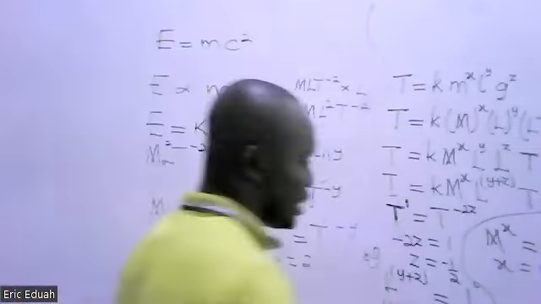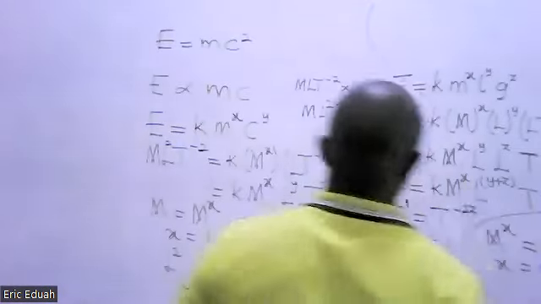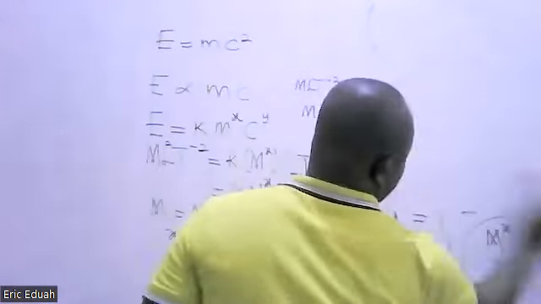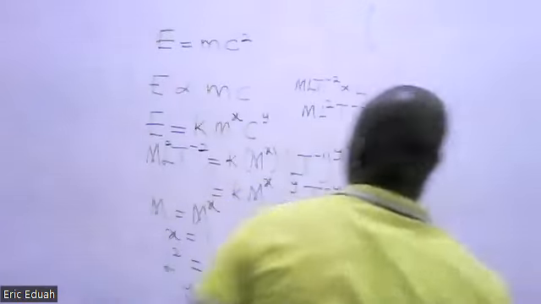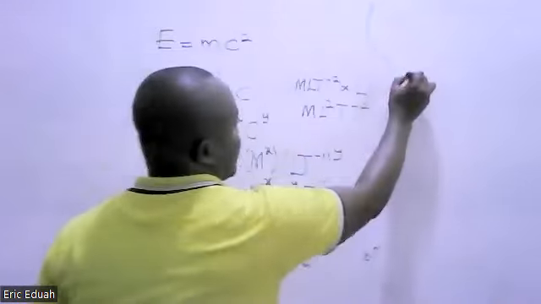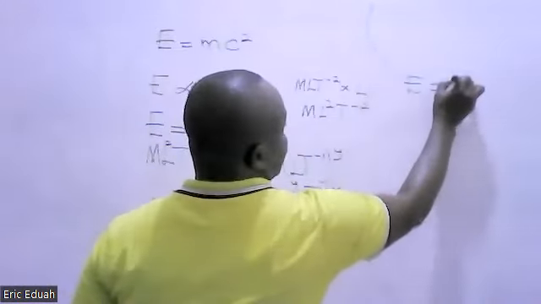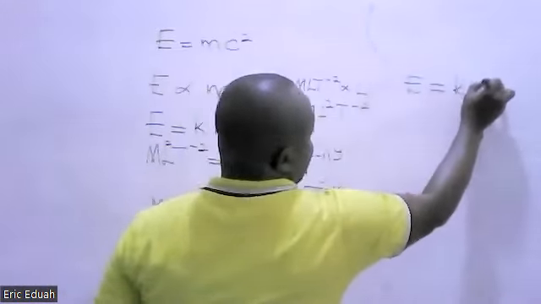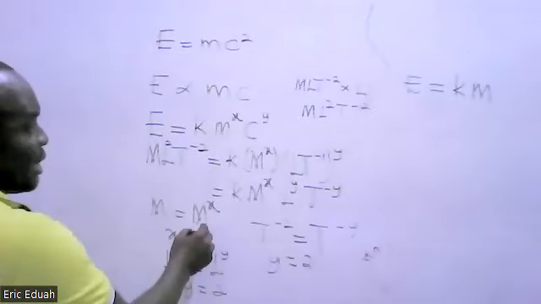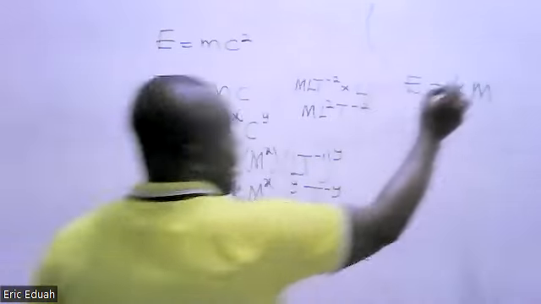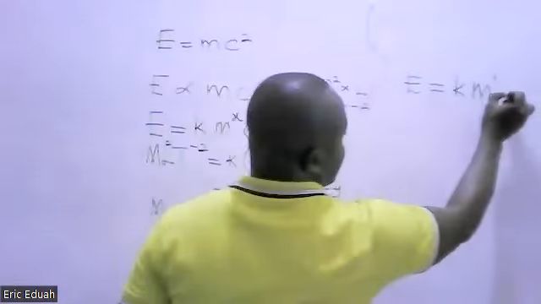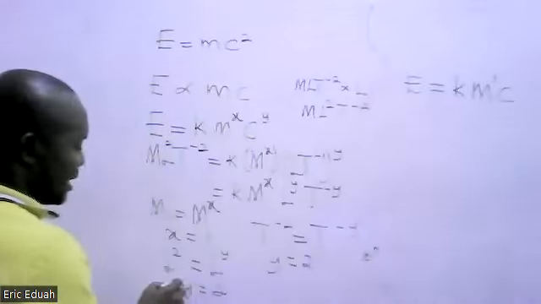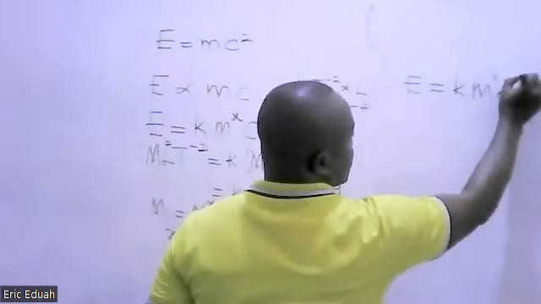So let's put our values into the equation. When we substitute X and Y into the equation, we have E is equal to K, M to the power 1, since X is 1, then C to the power 2, since Y is equal to 2.